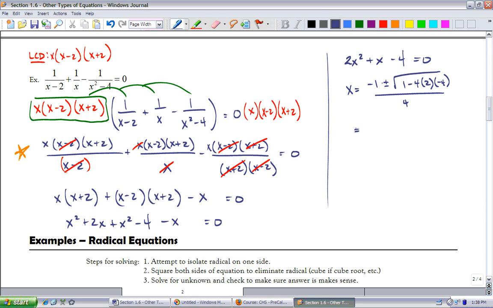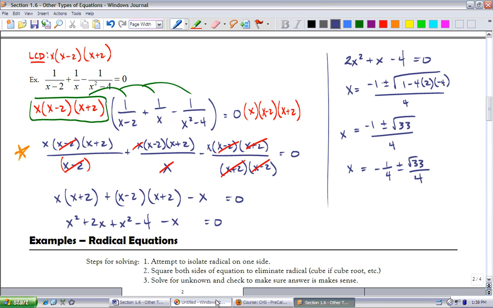Okay, and if we begin to simplify this, we get negative 1 plus or minus the square root of 33 all over 4, and honestly, you can leave it like that, if your teacher wanted you to break it up, because we do that sometimes. If this is an imaginary number, you could break it up like this. That's it for rational equations.